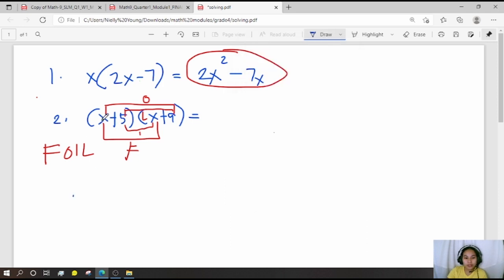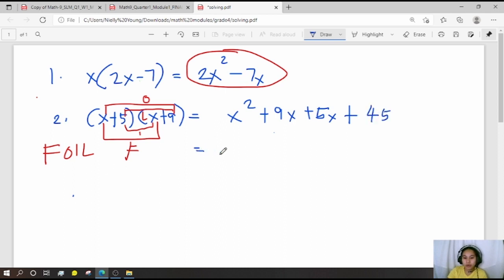So, first is x times x, x squared. Outer, x times 9, that's plus 9x. Inner, 5 times x, that's plus 5x. And then the last term, 5 times 9, plus 45.